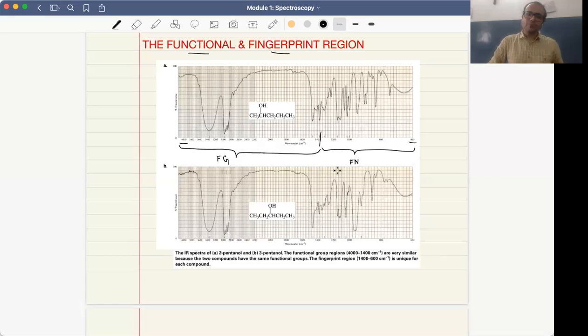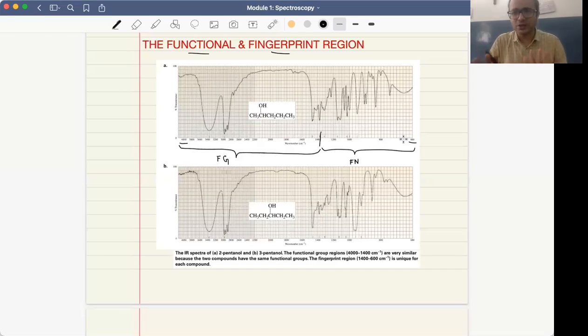As the name itself suggests, all the stretching vibrations that you see for each of the functional groups will be recorded in the functional group region of the infrared spectrum. And the rest, this fingerprint region that falls in the 1,400 to 600 centimeter inverse, can be considered the same as a fingerprint of each individual.